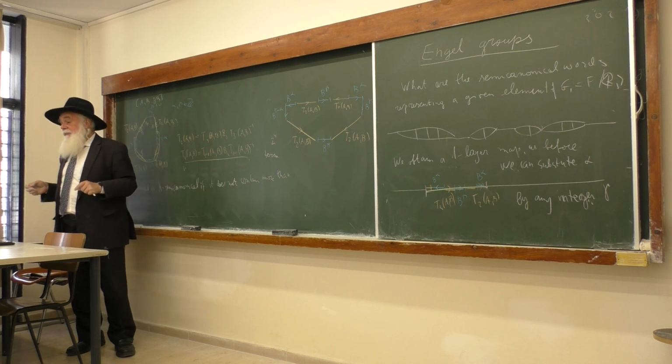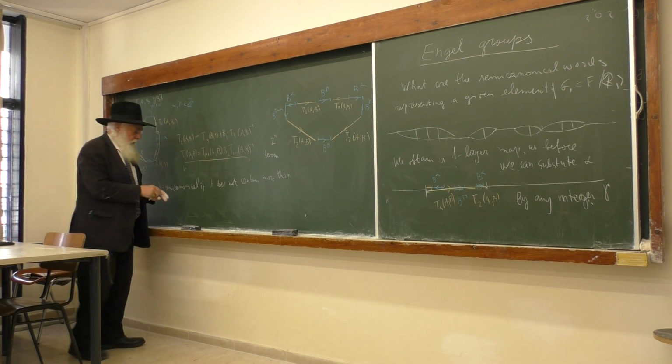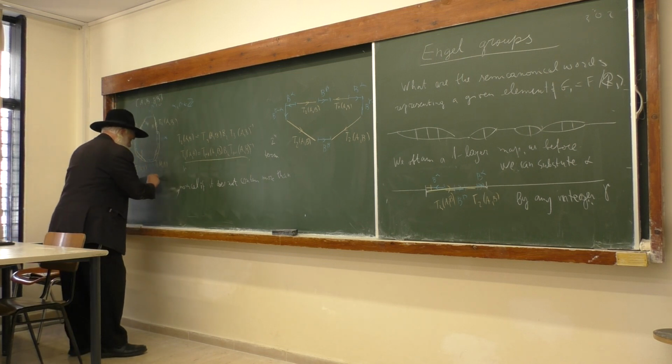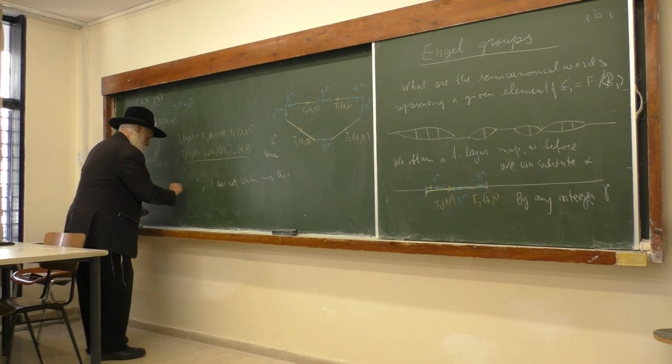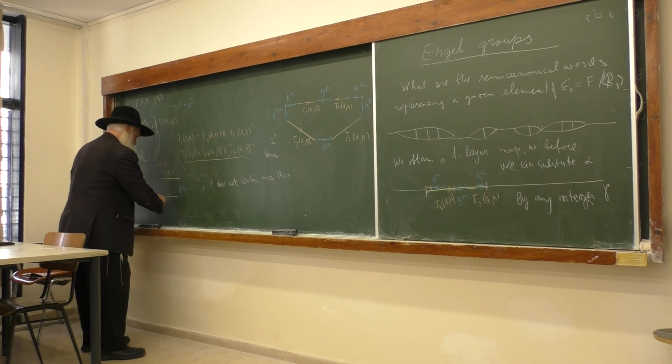So T2 is the second one, because the first one was just B0, and here we have T1 of AB on one side, and T1 of AB on the other side.